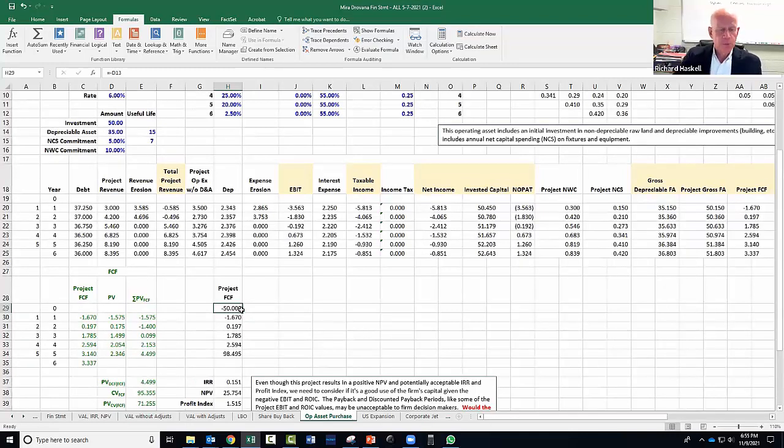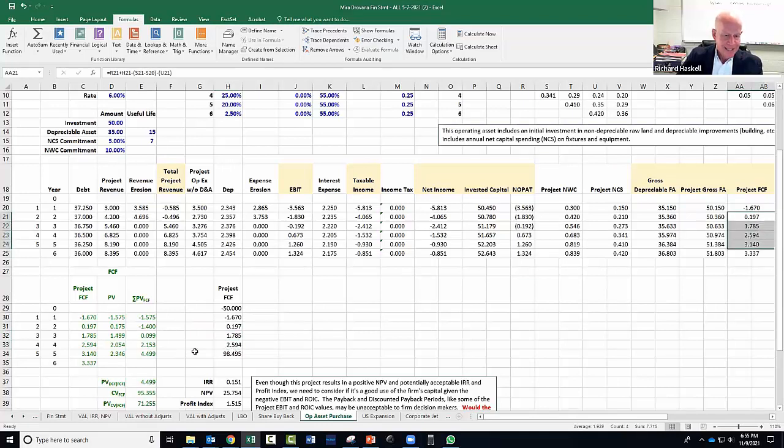But when we think about the project as a whole, we're spending $5 million on it. This is a little different than our return on investment for the project. So this gets a little convoluted, but you have to think about it both ways, I believe. So $5 million invested, negative free cash flow, positive, positive, positive, just exactly as we have right over here.